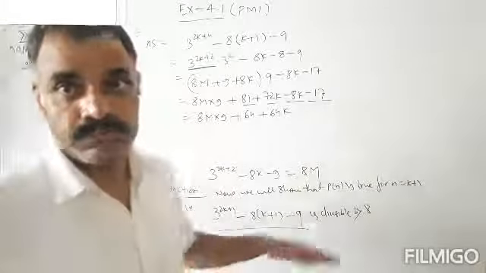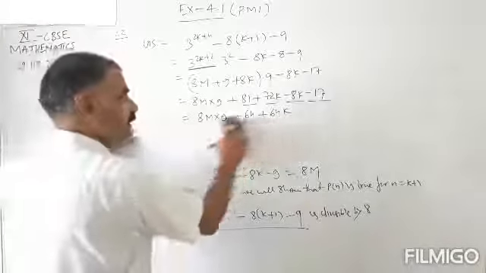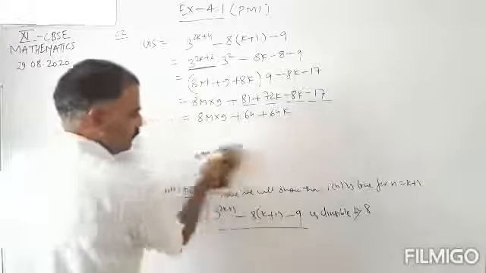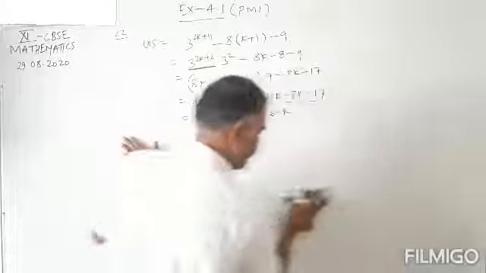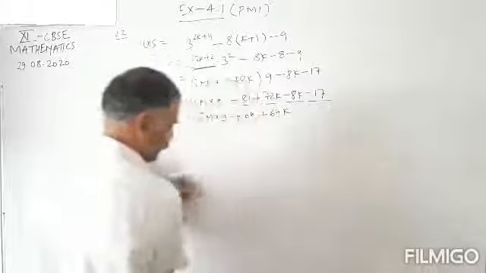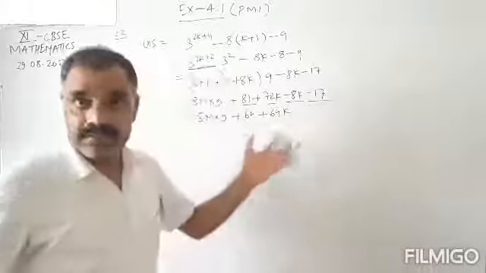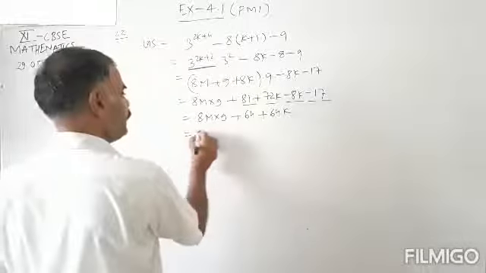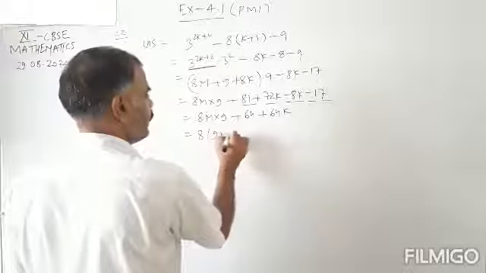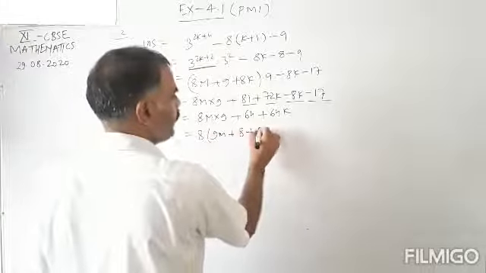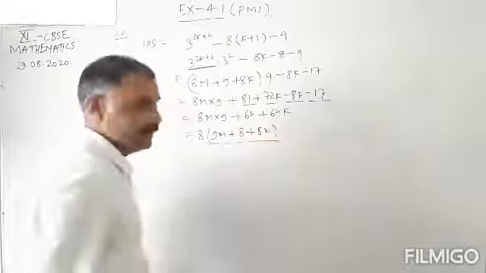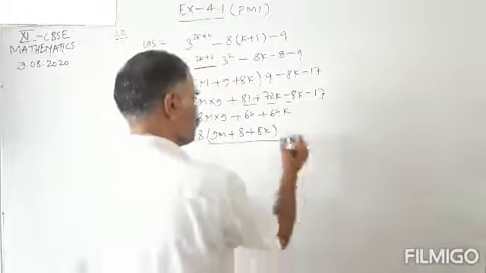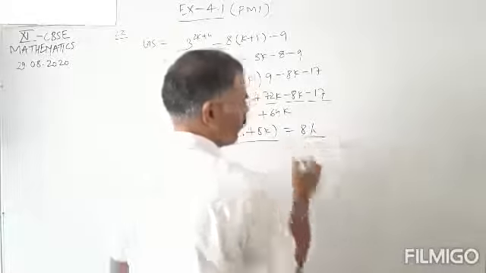Now throughout this expression we can take 8 as common. Taking 8 common, we have 8 into 9m plus 8 plus 8k, and this equals lambda, so this is 8 lambda.